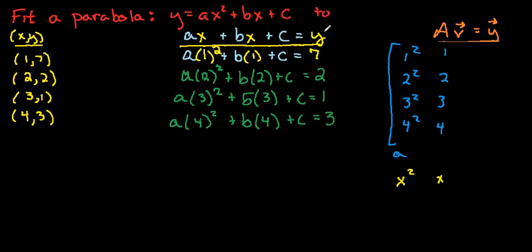The coefficients that live on the C, we've just got one C in each of the cases, so that's a column of 1s. Write that there, kind of small. That's a bunch of 1s.